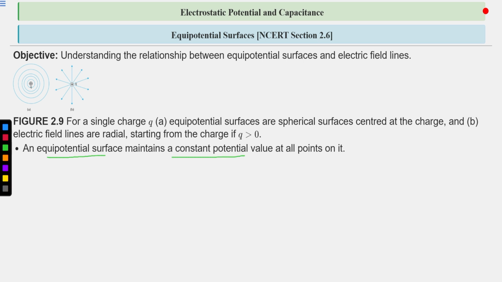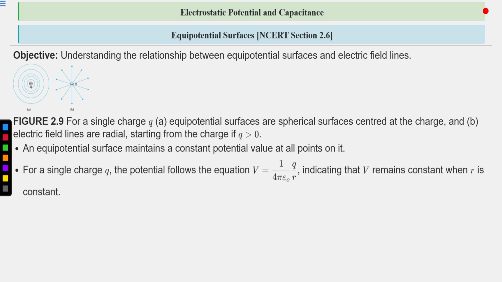Means if I take this sphere, any sphere out of these, the value of potential on any point on this surface will be the same. This is the real meaning of equipotential surface.